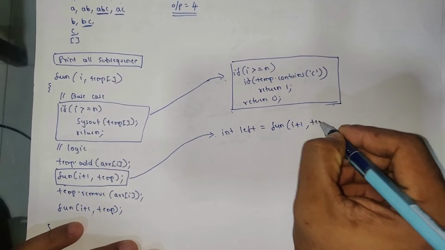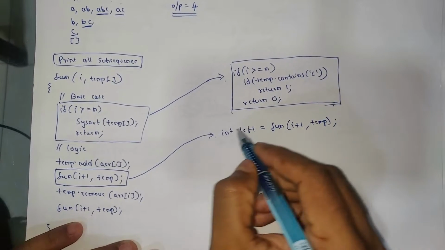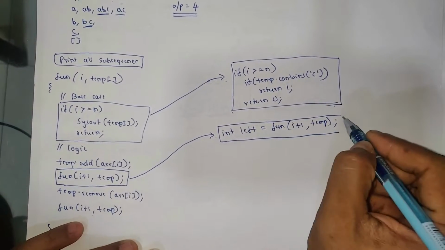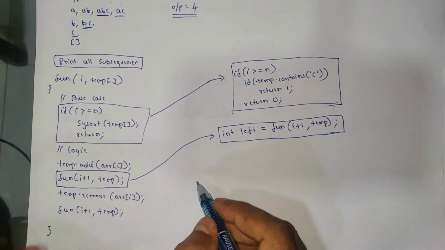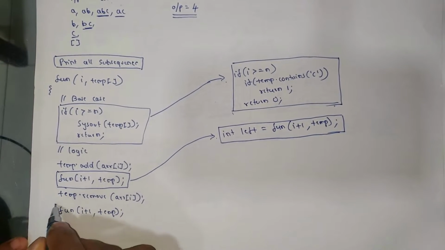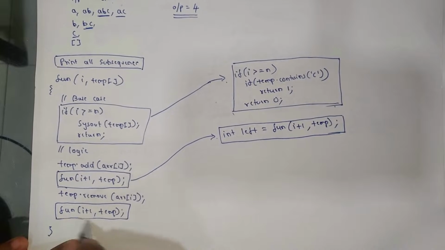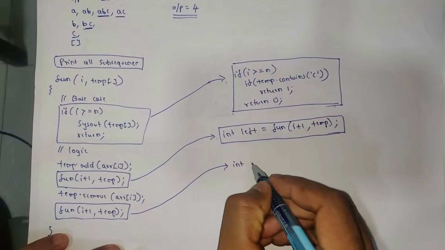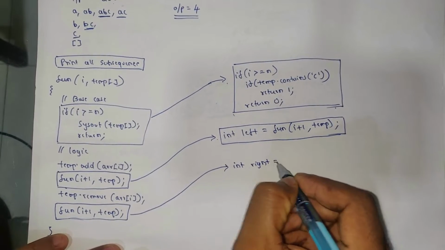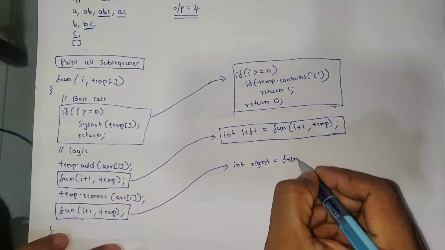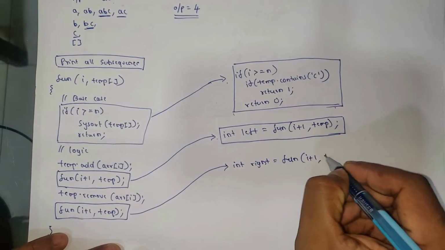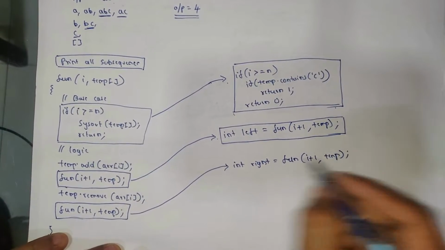I plus 1, temp. I will come to why we are taking the variable left. I will explain shortly. Again, for this recursion call, I need to do some updates. I will say int right. I will store it in my variable right.